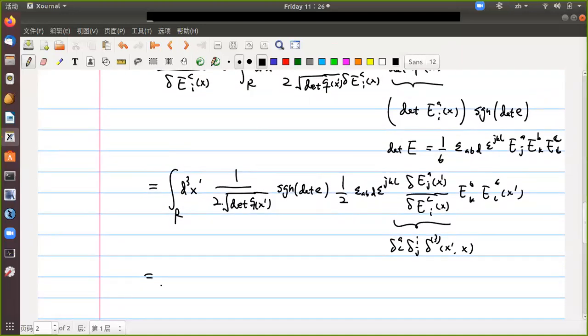Integrating out the delta function, you just replace all x prime with x, giving the square root of determinant q, epsilon_ABD. Now here you have to replace A by C and J by I.